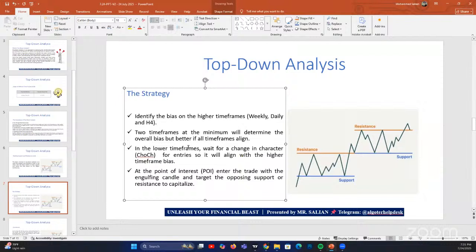So once you have that, the two time frames at the minimum, in the lower time frames, we will go now to H1 and M30. In the lower time frames, wait for a change in character for entries, so it will align with the higher time frame bias. That's it. If you found all the higher time frames going up, then you will wait for the lower time frame to align as well.